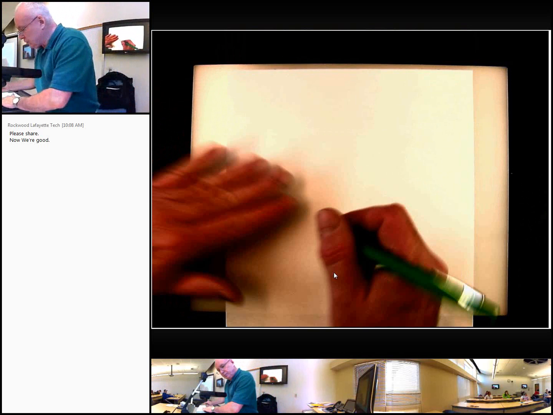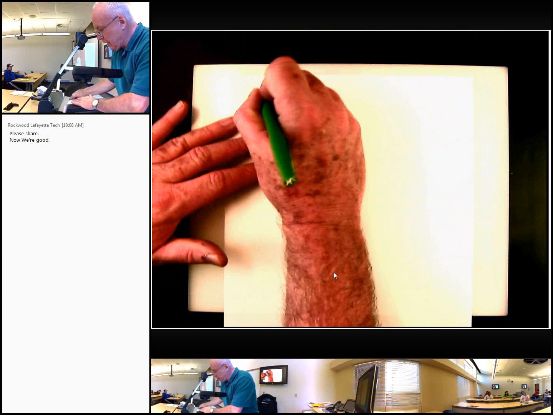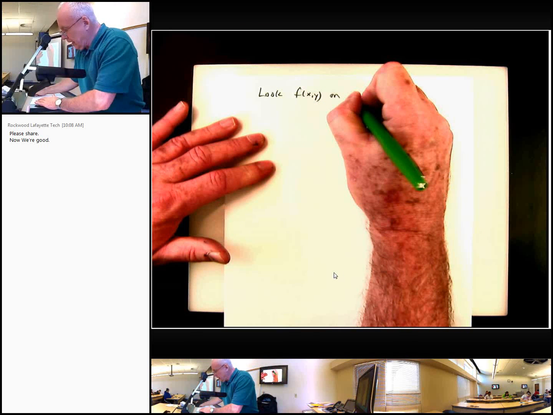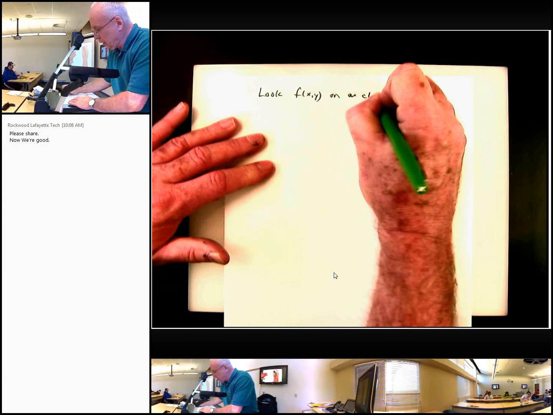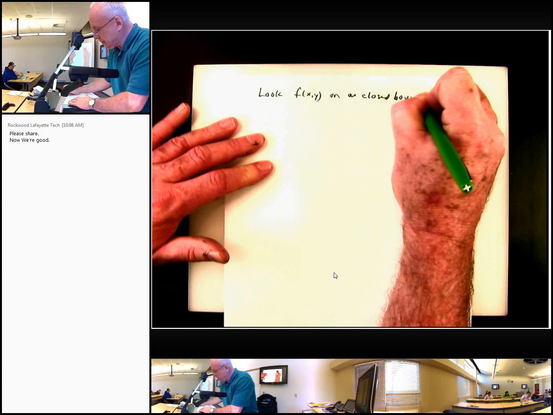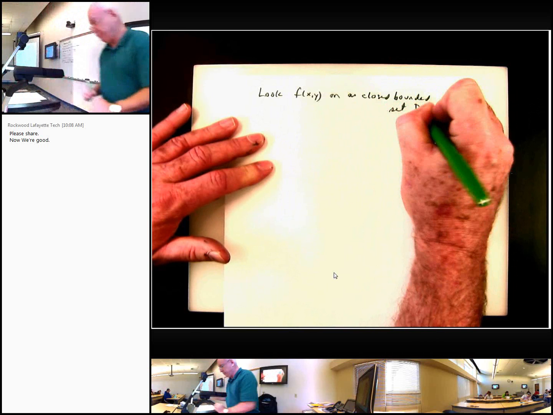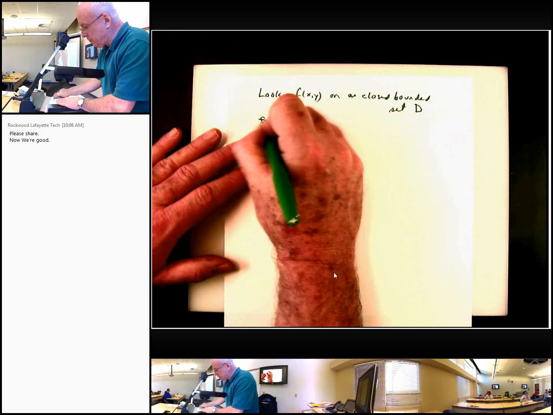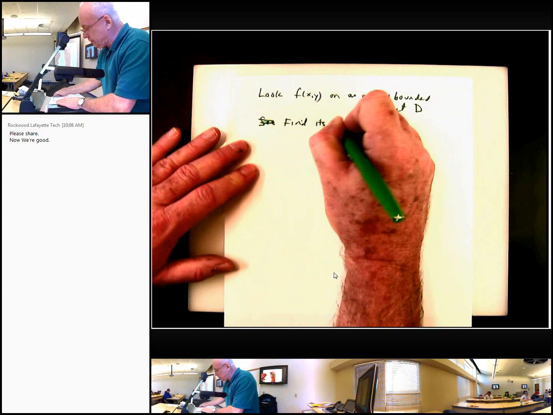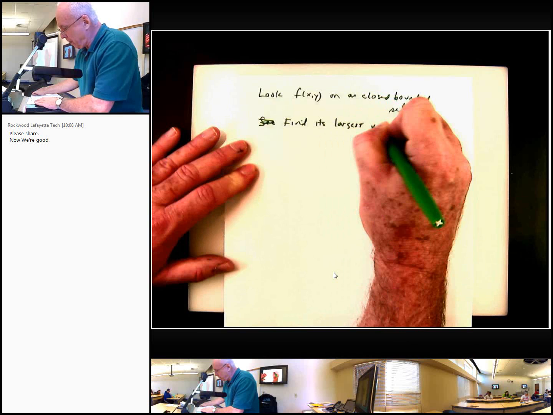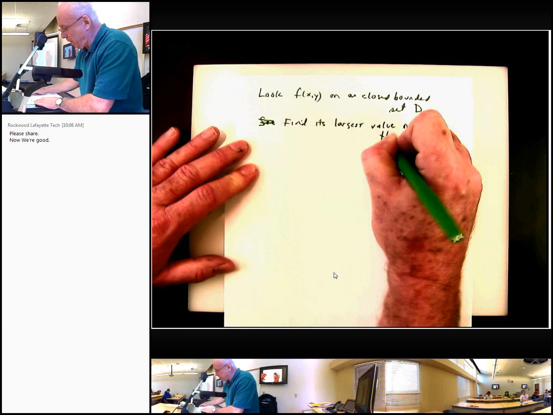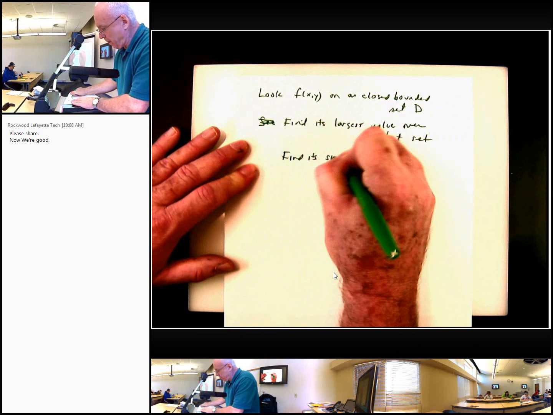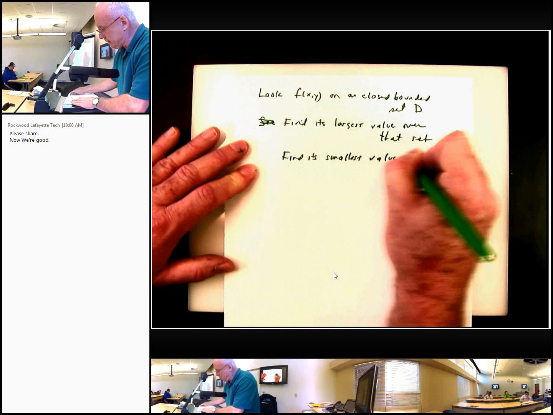Okay. So here we're going to look at f(x,y) again on what's called a closed bounded set that we'll call, say, D. And we're going to find its largest value over that set, and we're going to find its smallest value over that set.